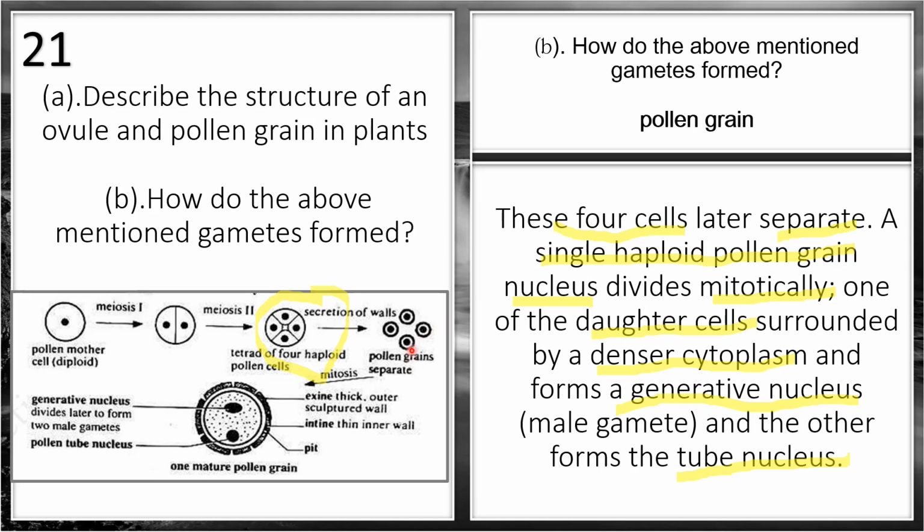Now, each single pollen grain has one nucleus. This nucleus will undergo mitotic division to form 2 nuclei. One of the nuclei will become the generative nucleus, and the other nucleus will become the pollen tube nucleus.